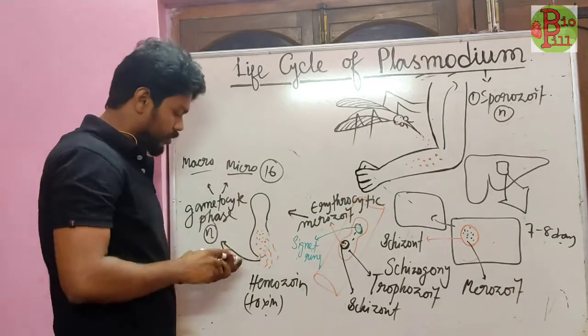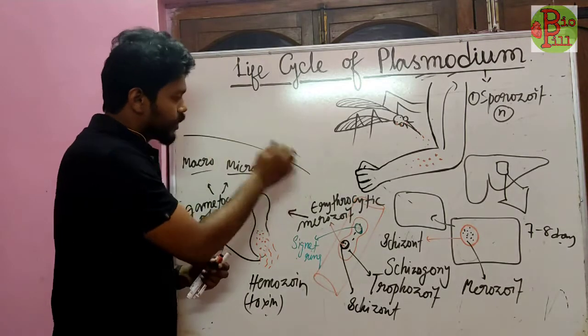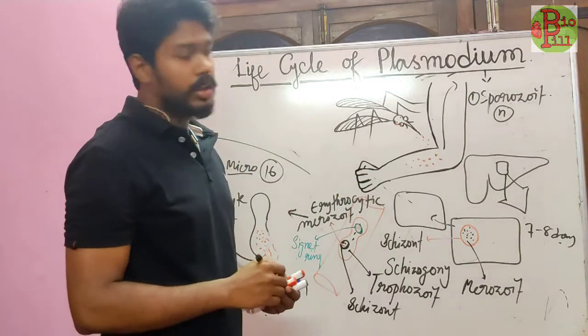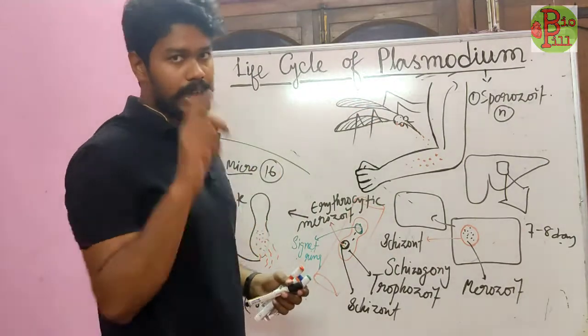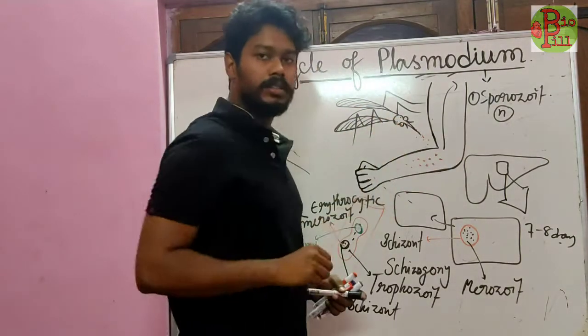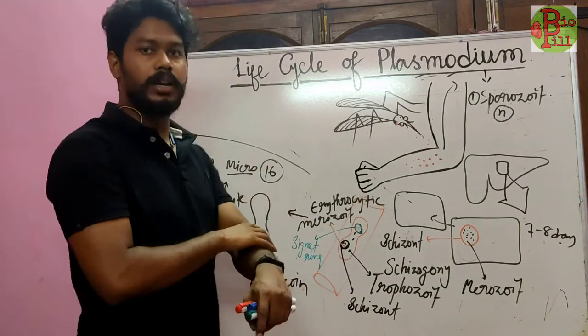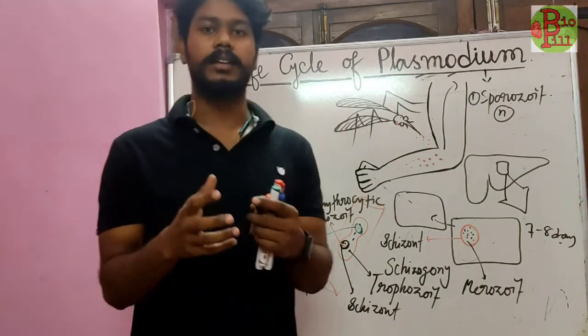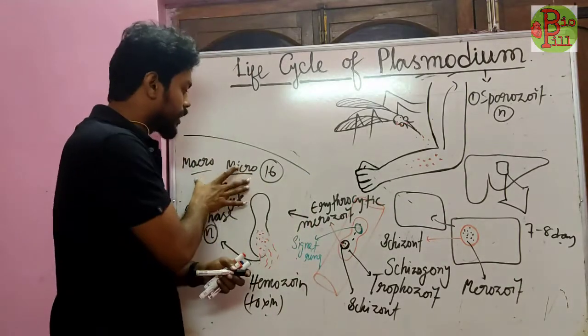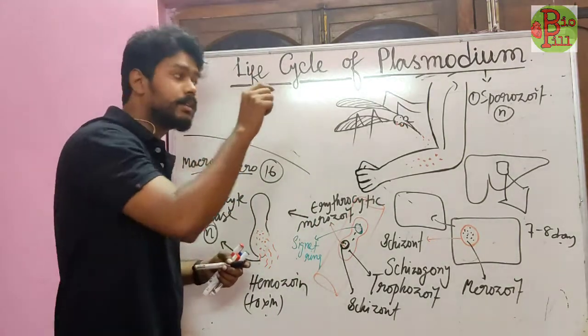Previously this mosquito was affected and sporozoites came into our circulatory system. Now this person is affected and inside the blood these gametocytes are waiting. Why waiting? Because these gametocytes will fertilize inside the mosquito.